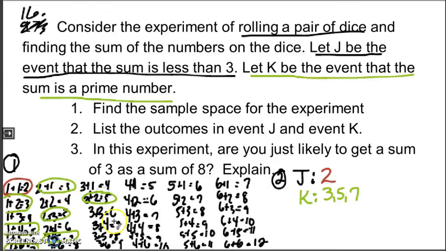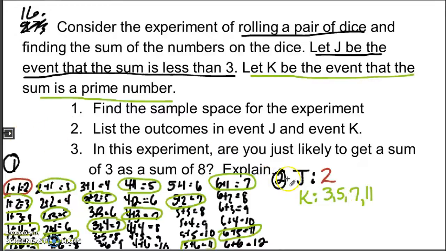We've got 5. We've got 7. 9 is not prime. We've got a 5, 7, 7. 11 is prime. 7 and 11.